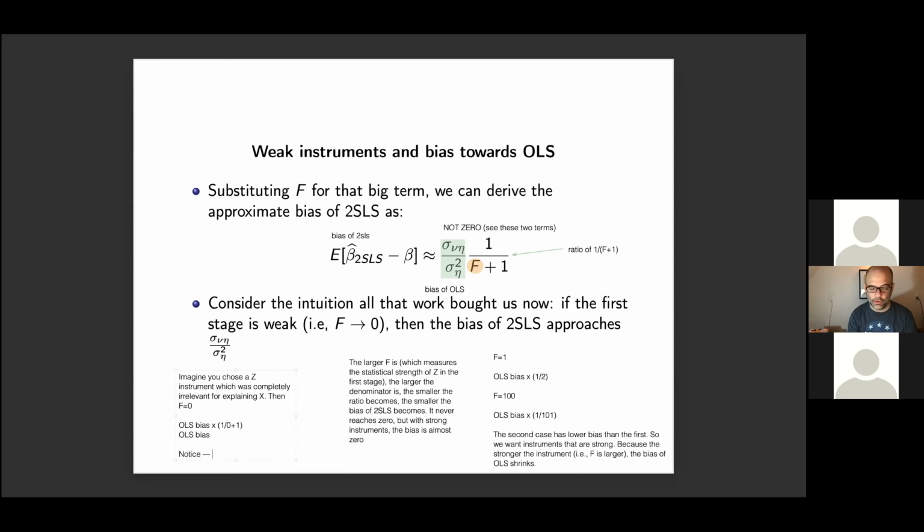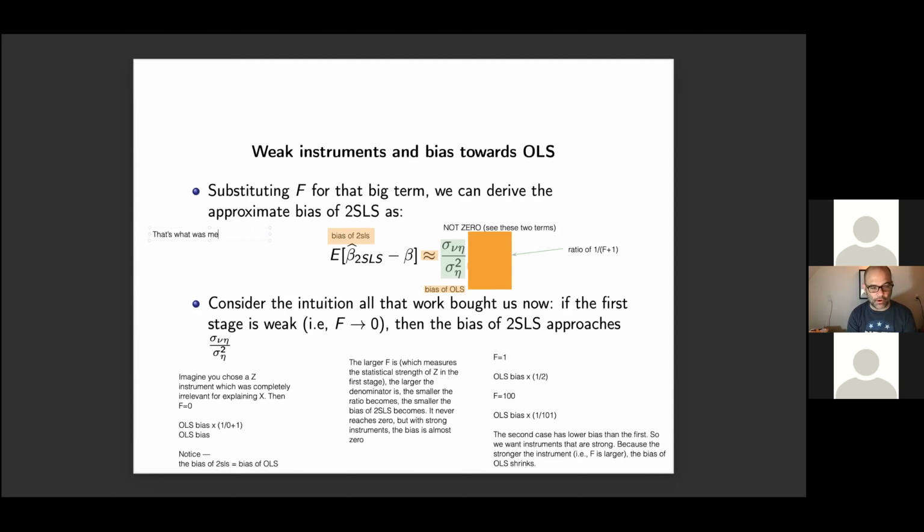Notice the bias of two-stage least squares here would equal the bias of OLS if that right there was a zero. If that was a zero, then the whole thing goes away and you just have the bias of two-stage least squares equaling the bias of OLS.